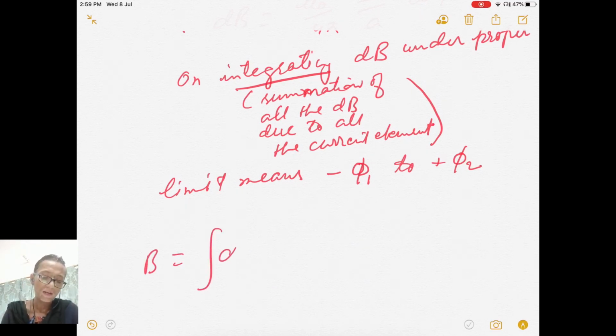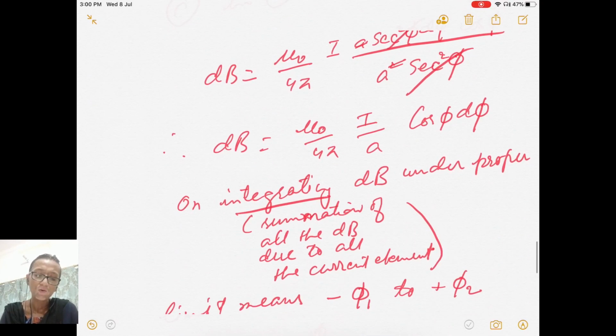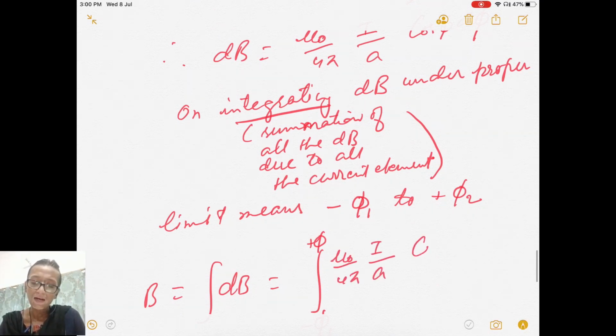So we observe that B, which is equal to the integration of dB, is equal to the integration under limits minus phi 1 up to plus phi 2 of mu naught upon 4 pi I upon A cos phi d phi.